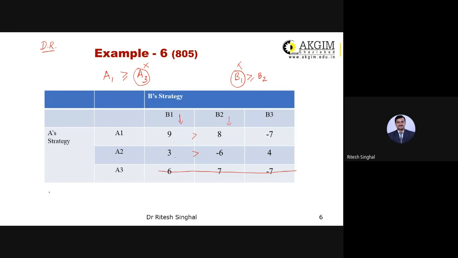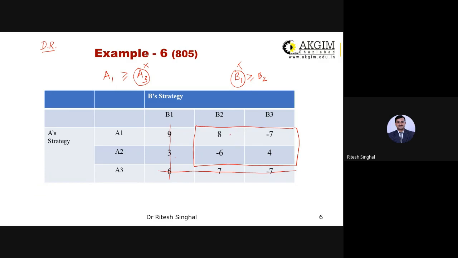So here we are going to remove column first, that is B1. Now the remaining matrix looks like this. This is the remaining matrix, 2 by 2, only four elements.